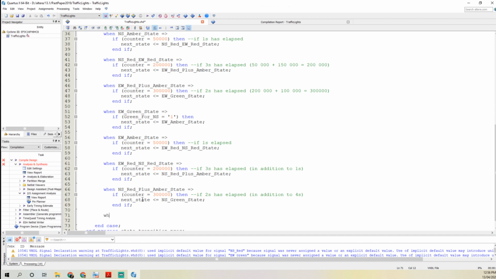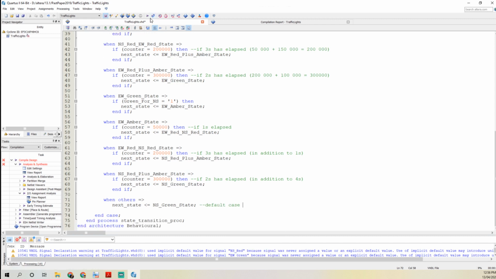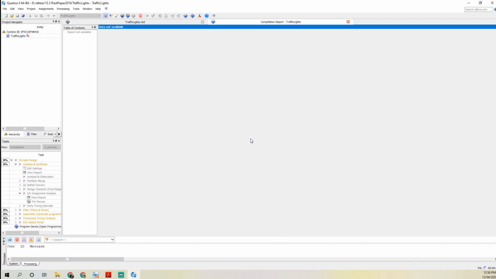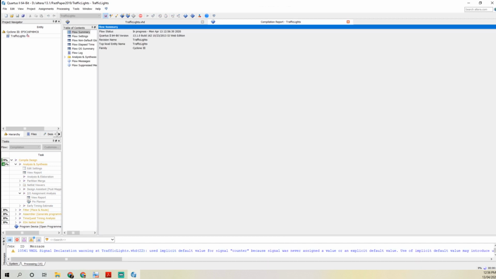So I'll have something like when others, my next state is going to be equal to north-south green state. All right, and that's just my default case there. All right, let's compile this and see what happens here now.